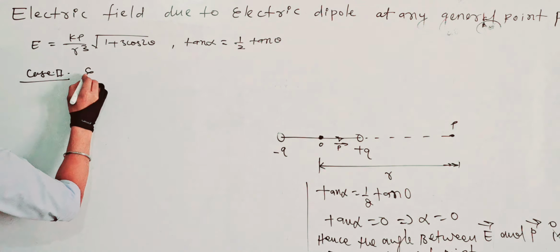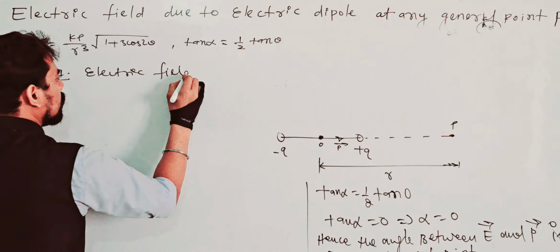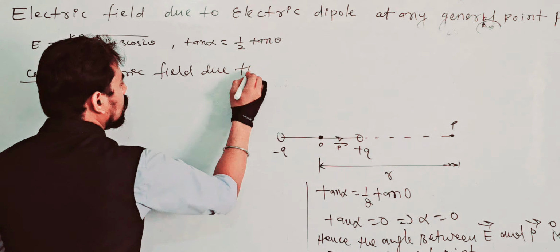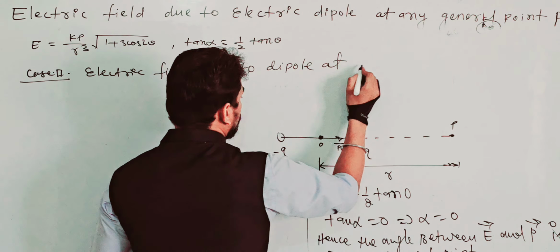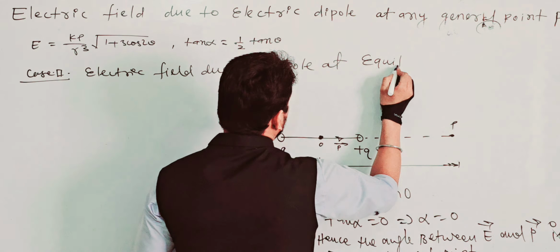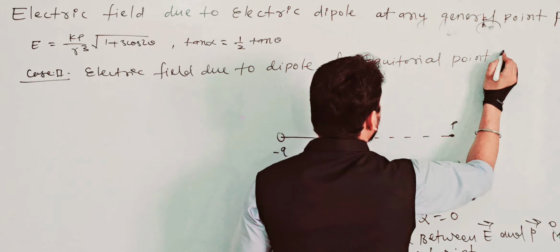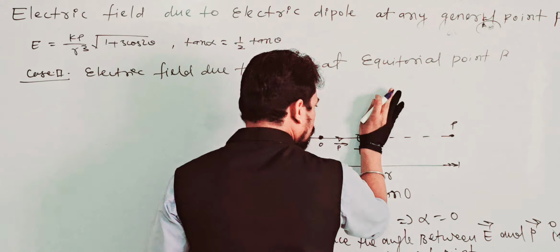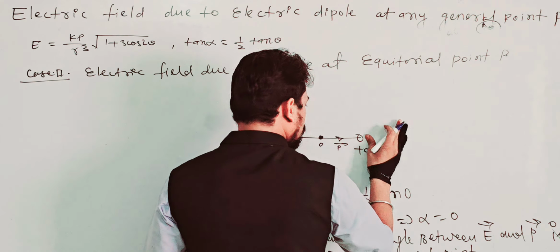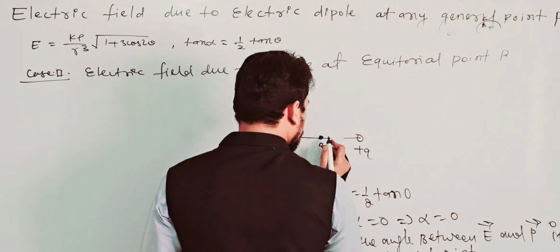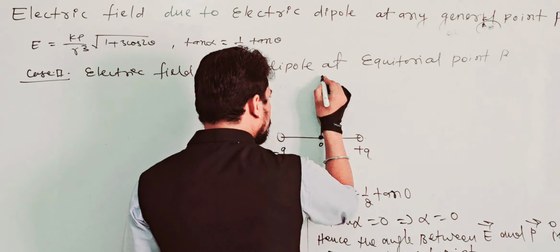So the electric field due to dipole at equatorial point P. This is the equatorial point P.